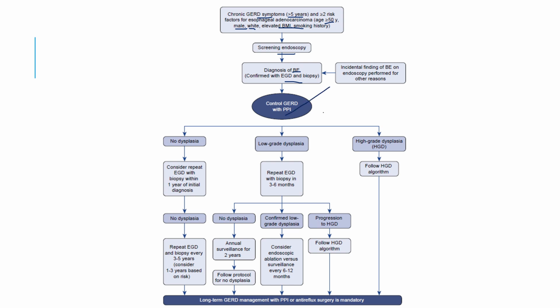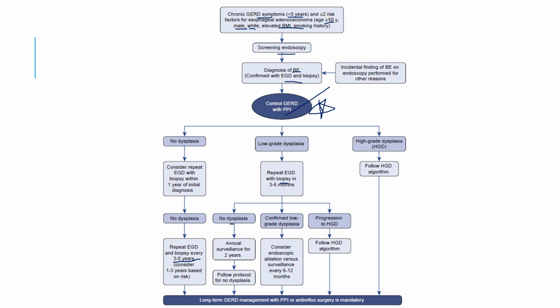That is more important, okay? That is the important thing. Then if it is no dysplasia, you can repeat biopsy and endoscopy within 1 year. If it continues as no dysplasia, then you can repeat every 3 to 5 years. Okay. If it is low-grade dysplasia, you have to do a biopsy with the Seattle protocol.